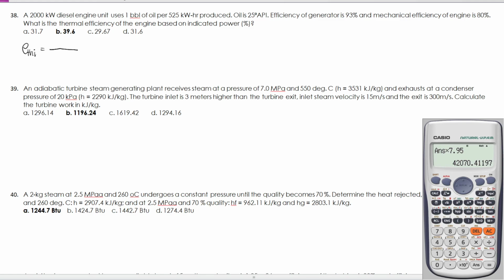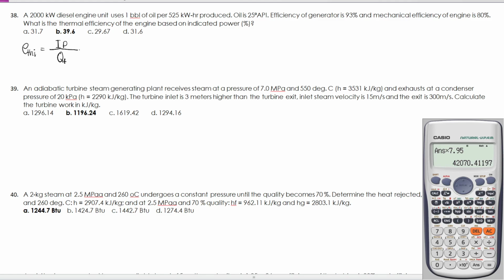Dito nga lang, since naka-specific yung ating magiging basis ng ating thermal efficiency, so gagamitin natin work net output is the indicated power. Okay? The indicated power over the heat input, wherein saan ba nanggaling yung heat na i-input kay diesel engine? That will come from the diesel fuel or from the oil fuel.